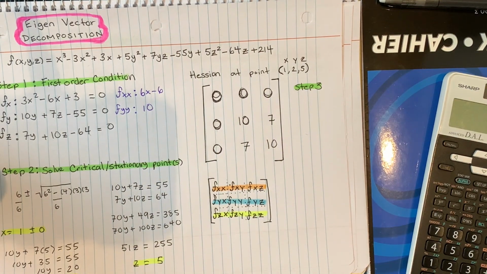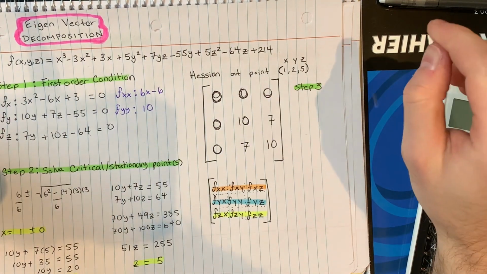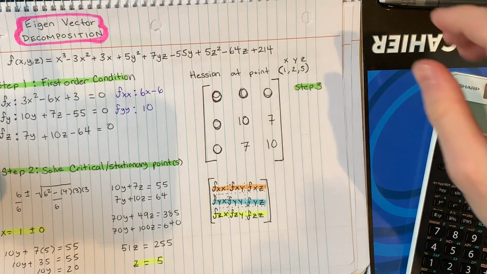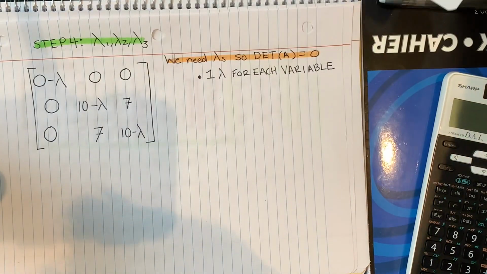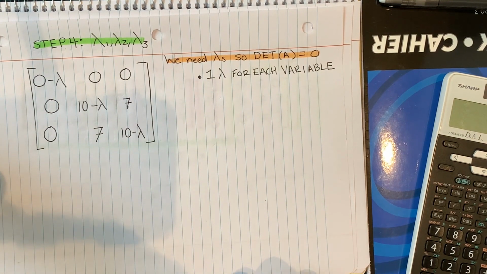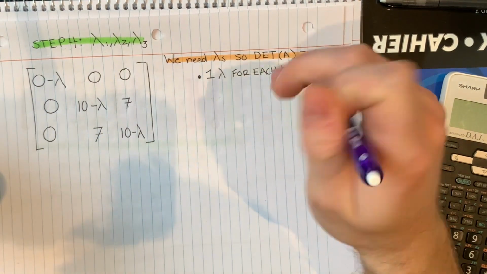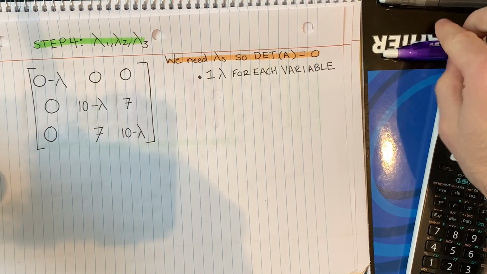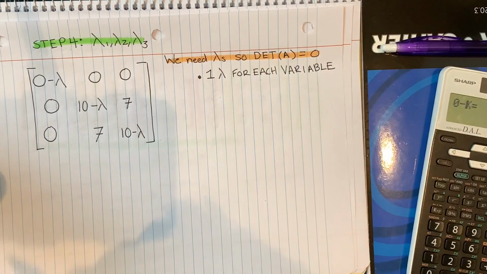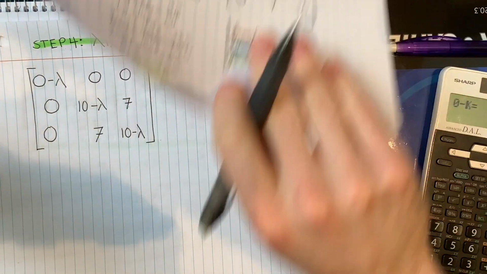That is the matrix of second derivatives at the point x equal to 1, y equal to 2, and z equal to 5. And so now we can move on and start with step 4, where we're going to solve for our lambdas. Normally when we have our lambdas, we're doing something called the characteristic root test. Let me bring back the Hessian really quick.